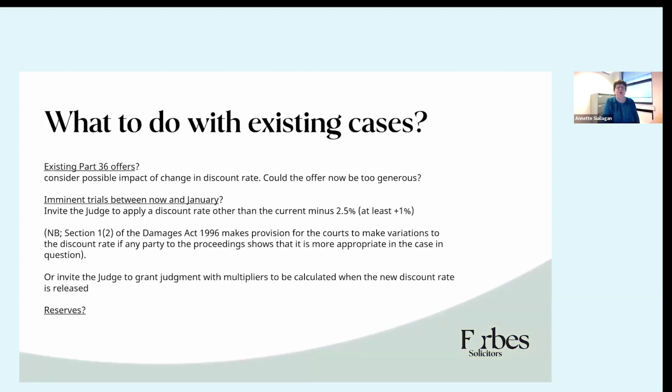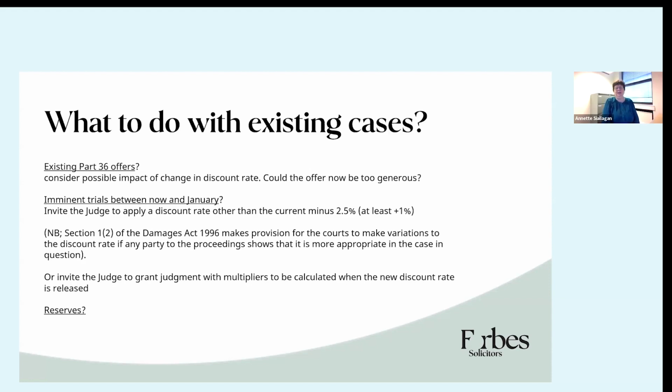So what should you be doing with your existing cases, given that there is likely to be a positive change in the discount rate? I think you should at least be looking at your existing Part 36 offers and considering, well, is that offer now too generous based on the old discount rate?